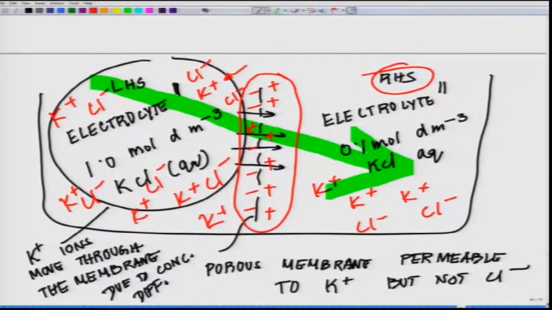So, if we again repeat the whole situation, the principle underlying the concentration cell is particularly important where solutions of electrolytes with different concentrations are separated by a porous membrane. This is the porous membrane we talked about, the arrow out here showing the porous membrane. Okay.